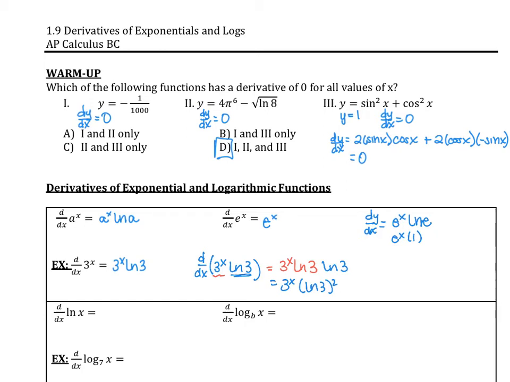What if I take the derivative with respect to x of 3 to the x natural log of 3 squared? Again, from the 3 to the x, we would get 3 to the x natural log of 3, and then this is just a constant, so we would have times the natural log of 3 to the second. So my final answer would be 3 to the x natural log of 3 to the third.